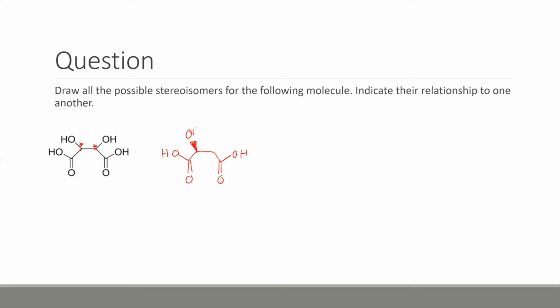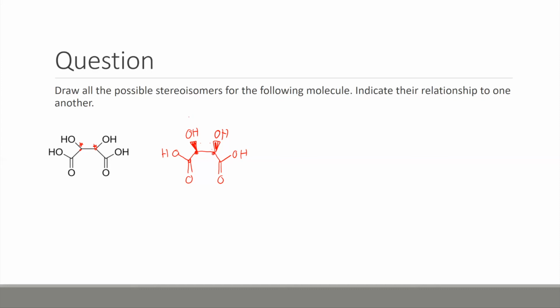So in this version, I'm going to have both of my OHs pointing outward and my hydrogen will be in the back. Okay, so here, let's assign priorities. Attached to this carbon is an oxygen, and then here is a carbon, and here is a carbon. This carbon has a double bond to an oxygen and a single bond to an oxygen. And this carbon has a single bond to an oxygen and a single bond to a carbon.